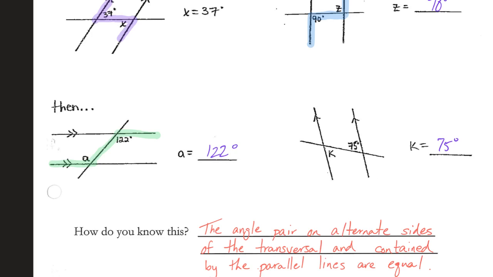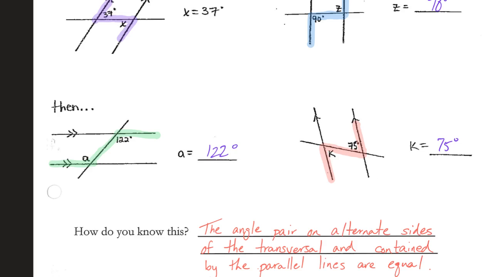So notice if I highlight my transversal, angle K is below it, angle 75 is above it. So opposite sides of the transversal. And now I need to contain it in my parallel lines. So I have to make sure that those angles exist between the parallel lines.